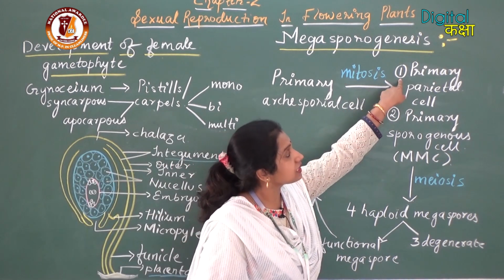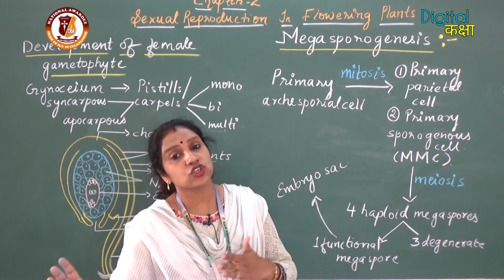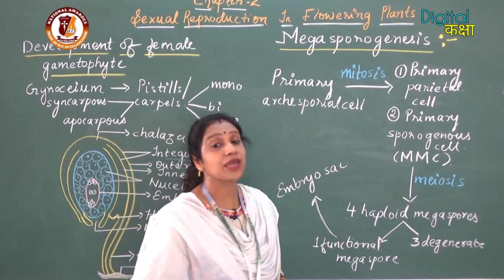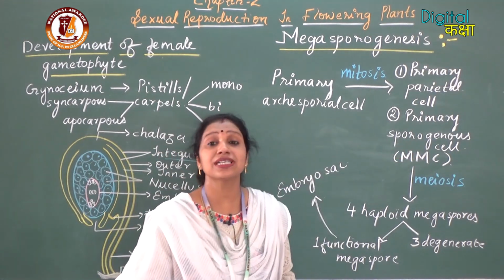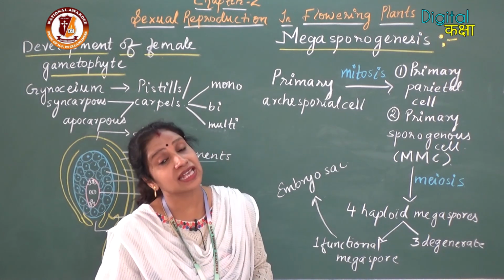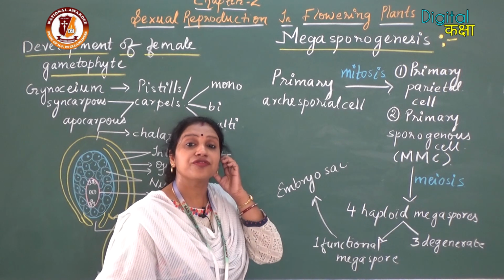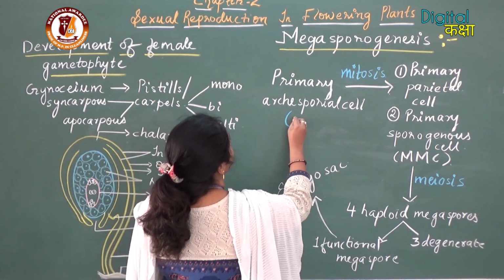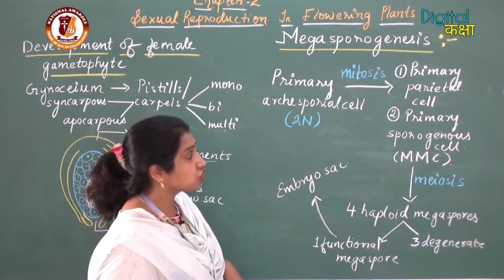The first daughter cell is the primary parietal cell, which will again join the nucellus cells, and the second cell is the primary sporogenous cell, and this primary sporogenous cell will act as the megaspore mother cell. Now if we go for the ploidy, the primary archesporial cell will be diploid in nature.